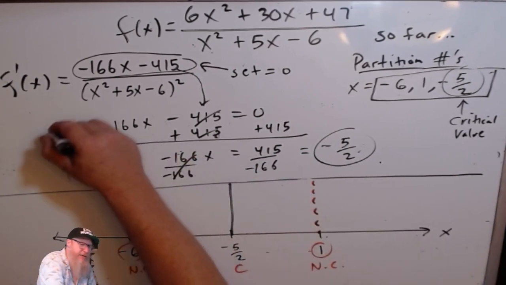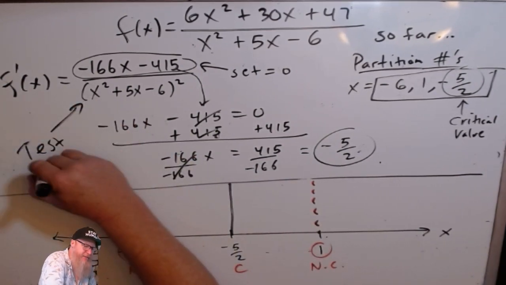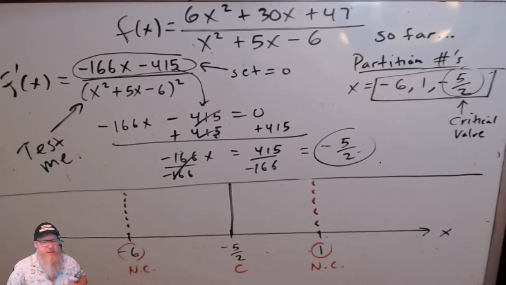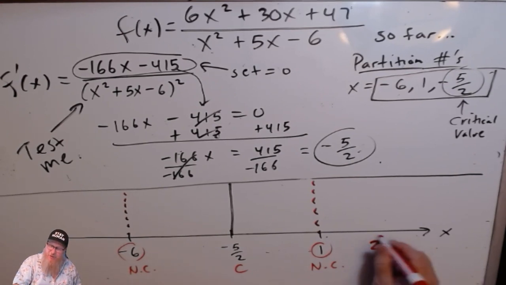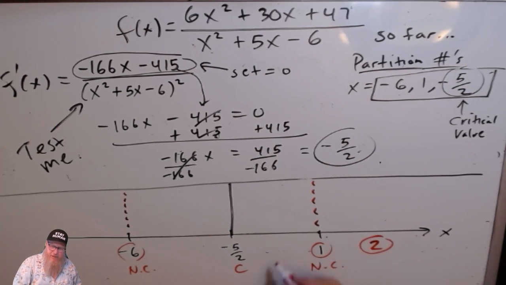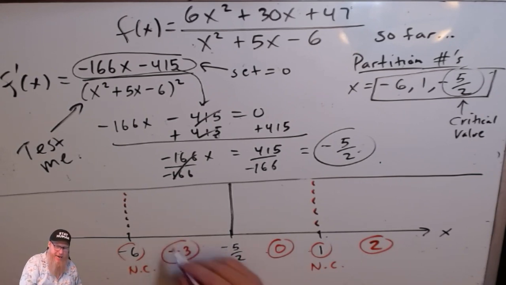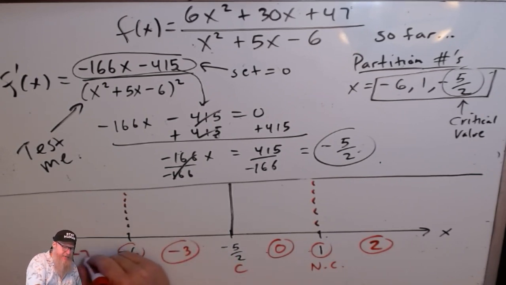All right, so now we're going to test. I need to pick some test values. So how about 2, 0, right, in between there, negative 3, and negative 7.